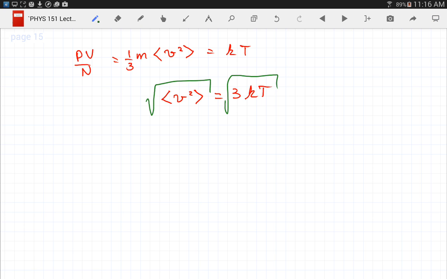That is not the same as just v. So we call this v_RMS is equal to the square root of 3kT over m. RMS means root, mean, square. You find it by first squaring your values, then finding the average of the squares, then taking the square root.